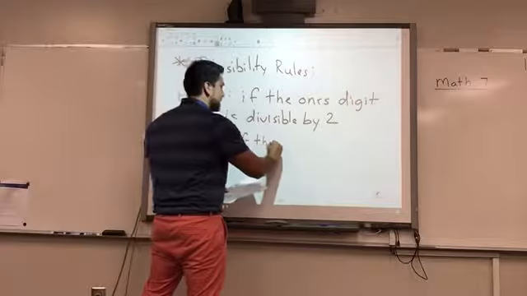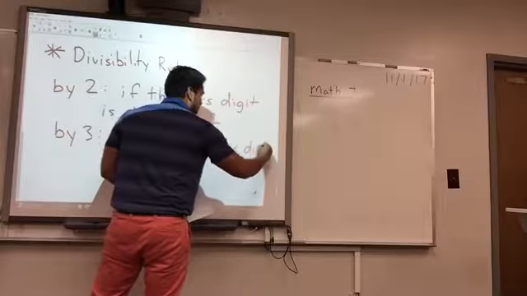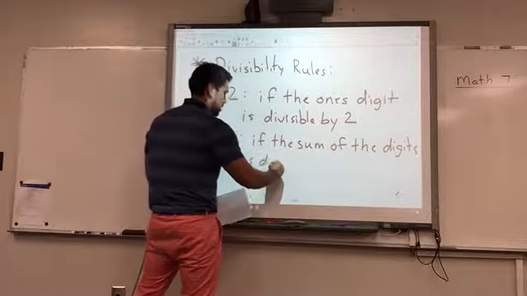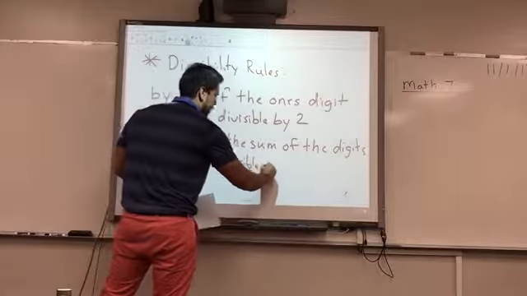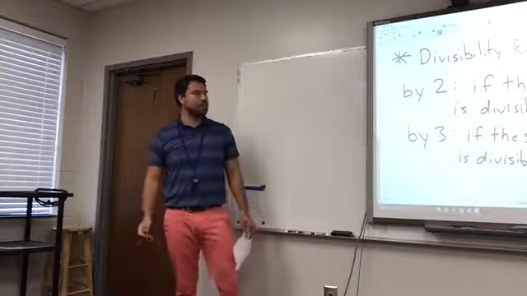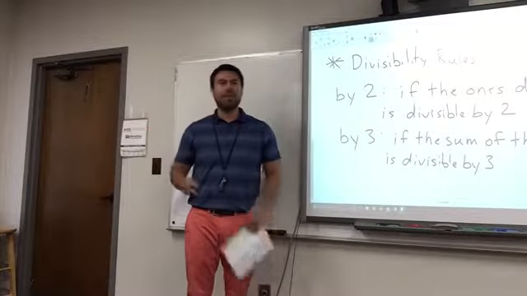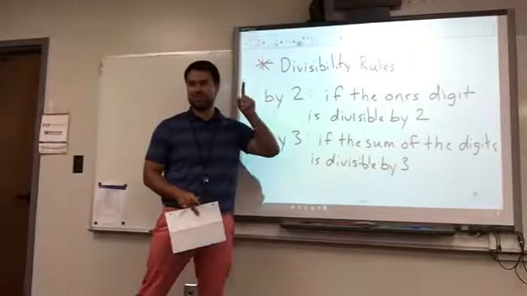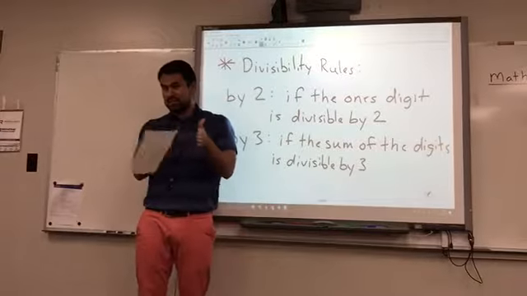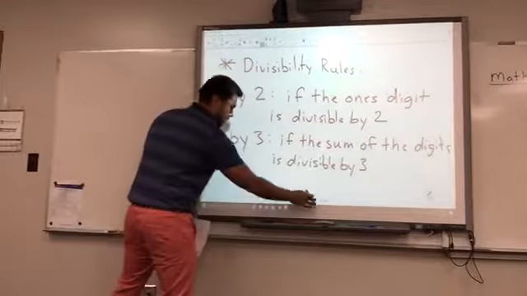If the sum of the digits is divisible by 3. Okay? Well, and we're going to apply this. We're going to actually look at it and see what we mean by the sum of the digits, because some of you, not that sum, the other sum, or is it that sum? Some of you are thinking something, wow, so many sums. Sum refers to addition of the digits. And if that sum is divisible by 3, then the whole number would be divisible by 3.